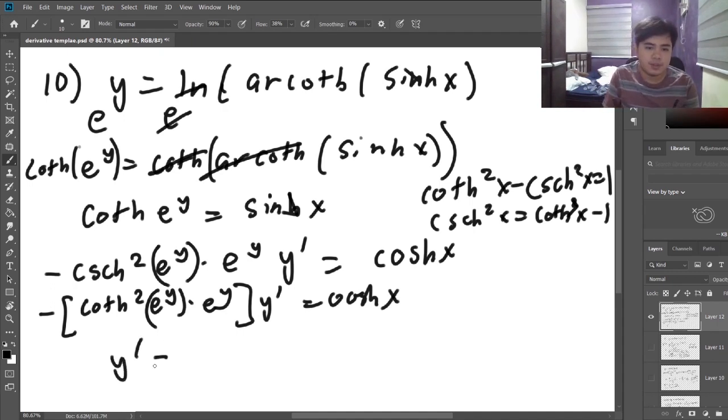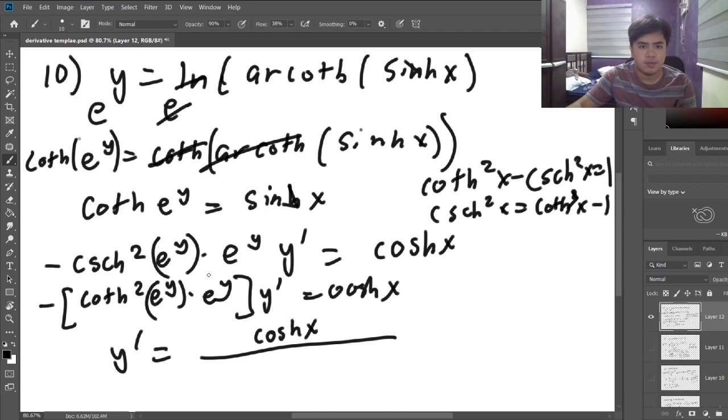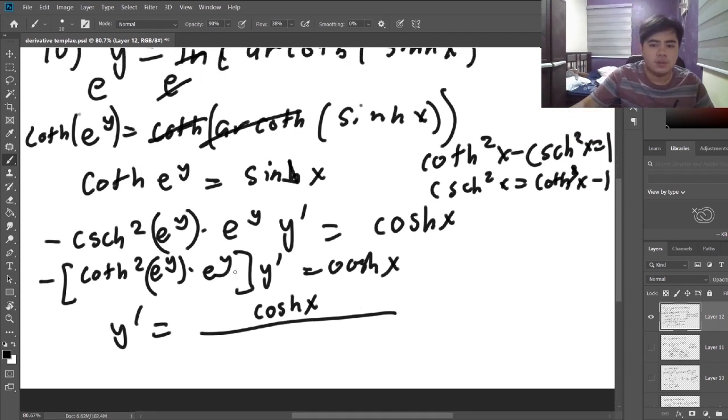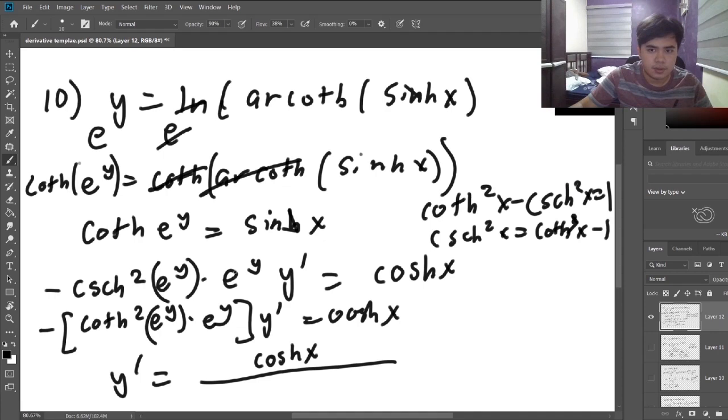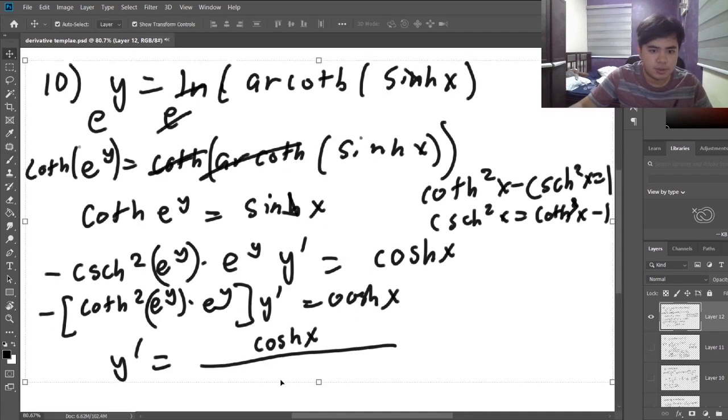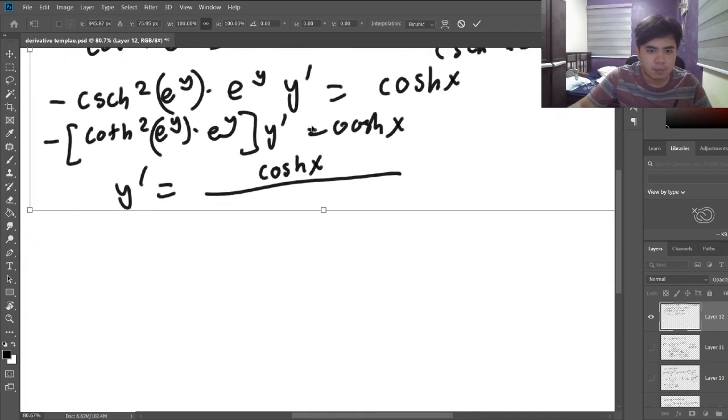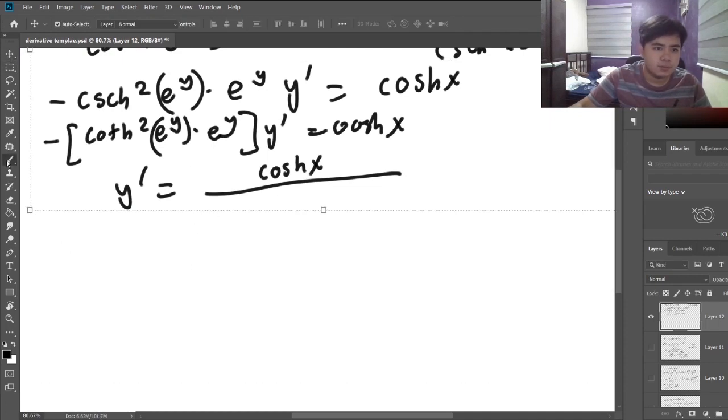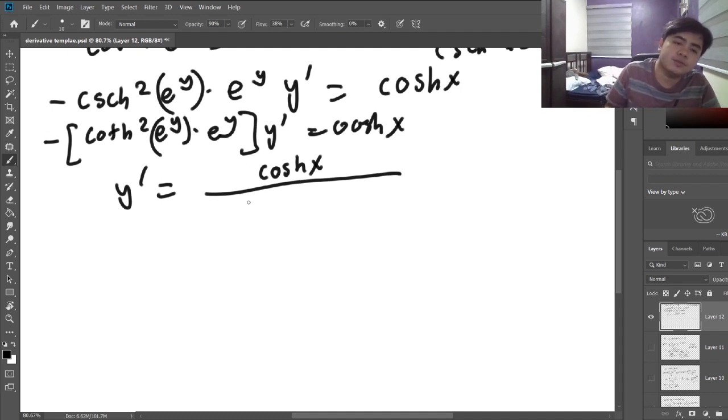Y prime is equal to cosh of x over negative hyperbolic cotangent squared e to the y times e to the y.